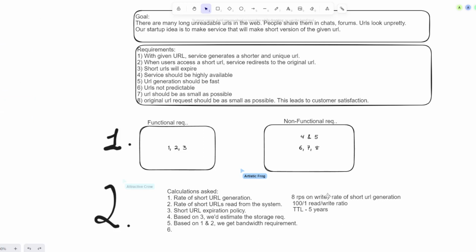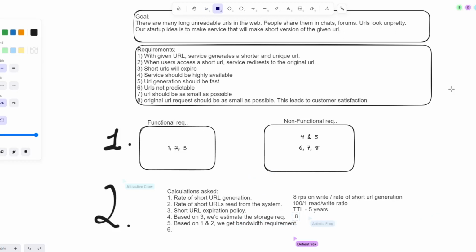Now, based on these numbers, you can calculate something else. Yes. Now we have requests per second, and we can make requests per day and maybe per month, per year. What about it, without kilobytes right now?